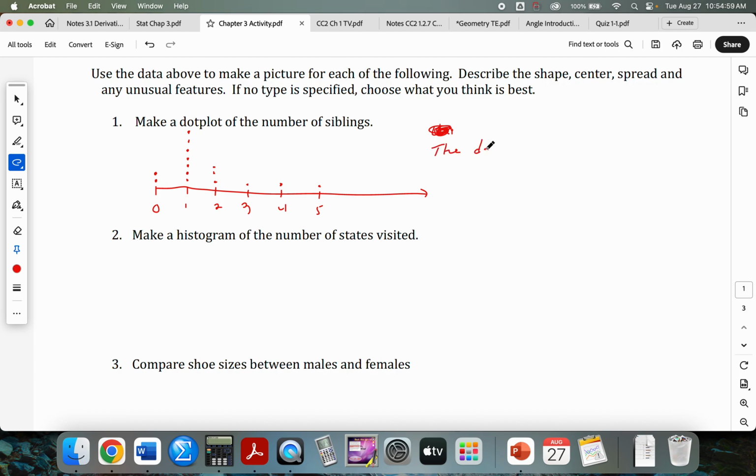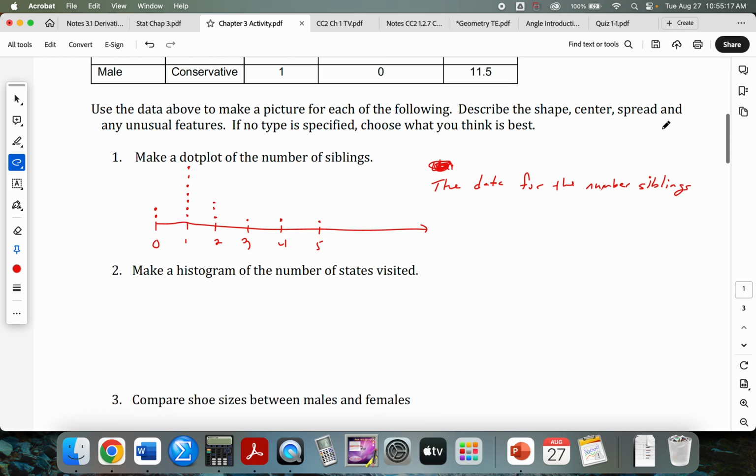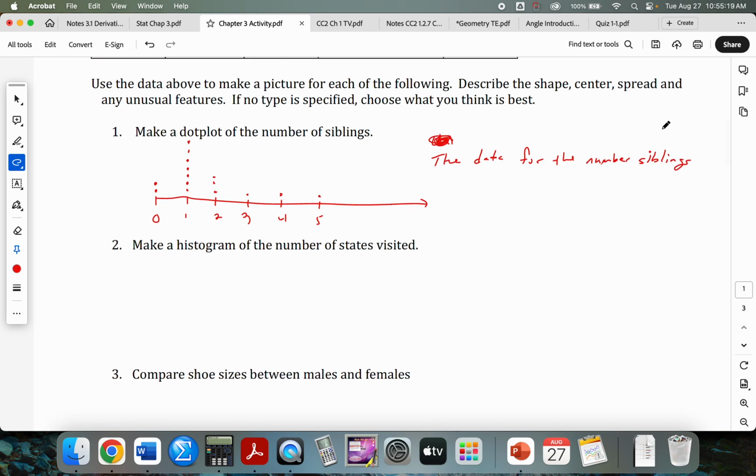The data, and let's give context for the number of siblings. And did I actually give the context up here? Or do I just slap that up there? If this was an actual problem, you'd say, I don't know where this came from. But if it gave you more, you would talk about that.